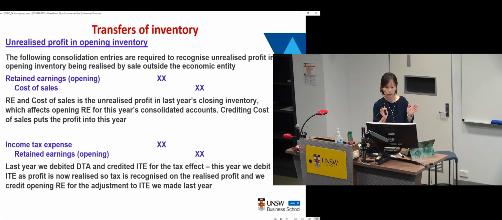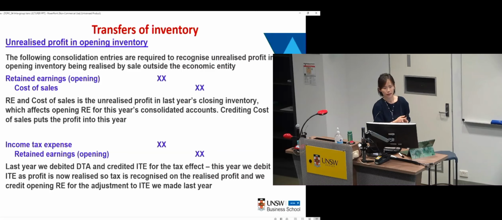They are not real entries. So these adjustments have no impact on the parent's or subsidiaries' individual records. No impact at all. So you can see if the subsidiary is the seller, the profit resulting from the intragroup transaction is still contained in the subsidiary's record, and it will be carried to the next year.